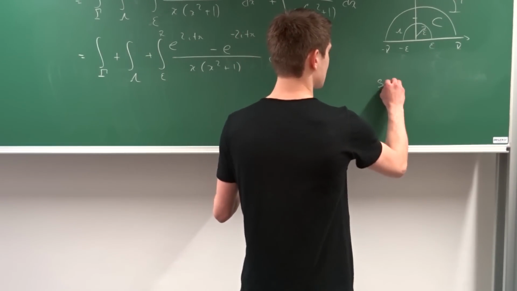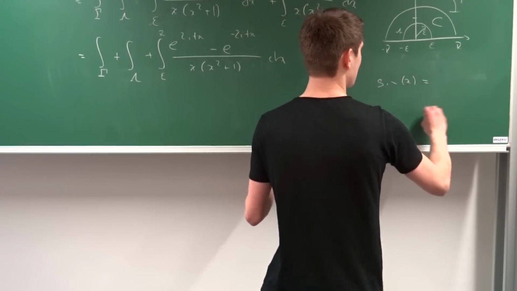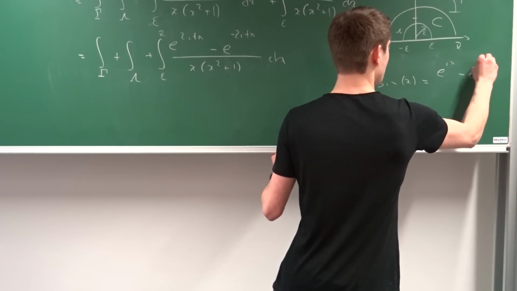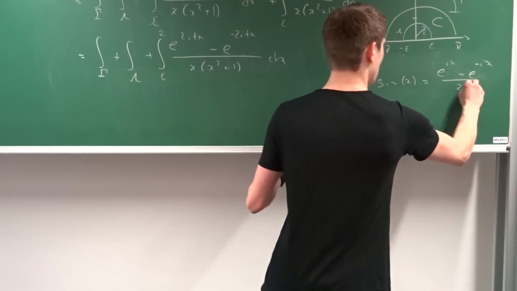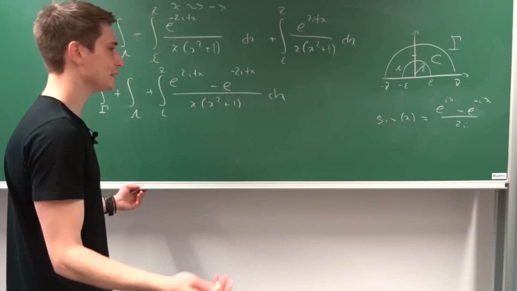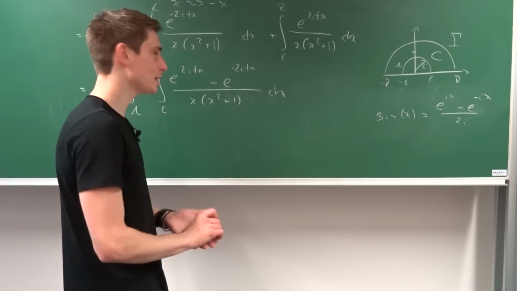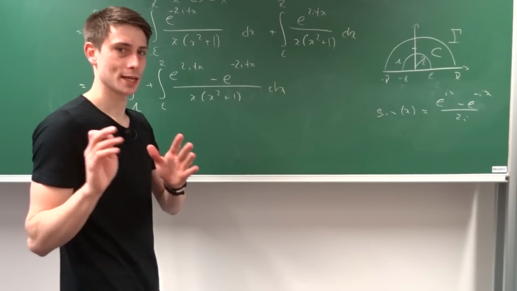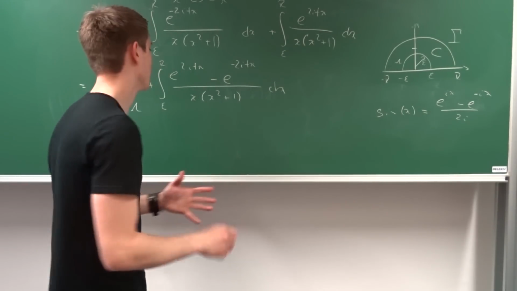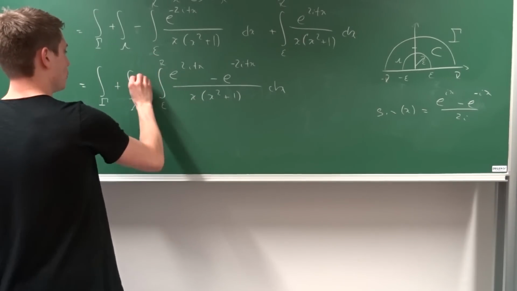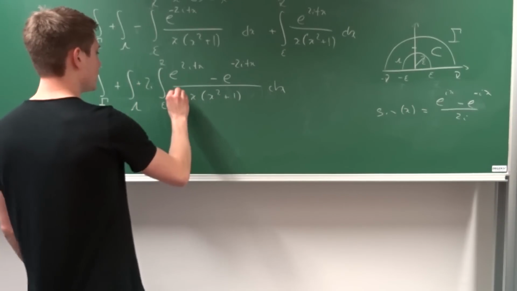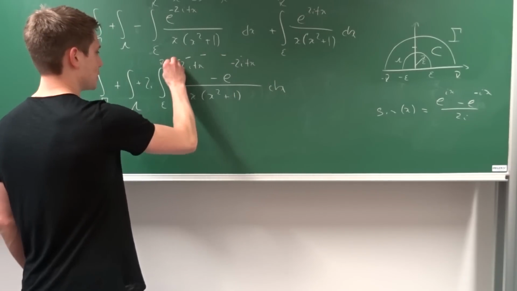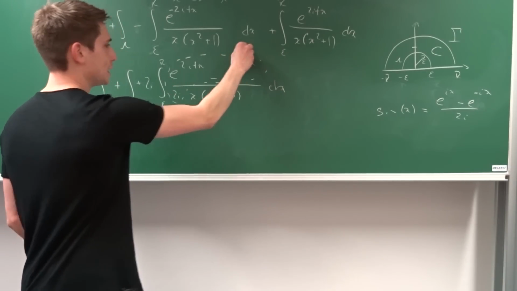So remember, the sine of x is nothing else than e to the ix minus e to the minus ix over 2i. So all we really need to add to this whole thing is multiply numerator and denominator by 2 times I, multiplying it by 1. That won't change anything. So we are multiplying it by 2 times I, and also we need a 2 times I in the denominator. So this whole expression right here would be equal to the sine.